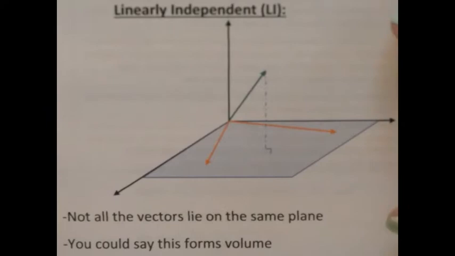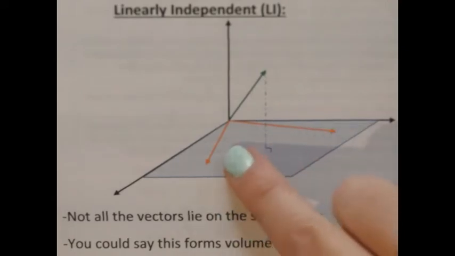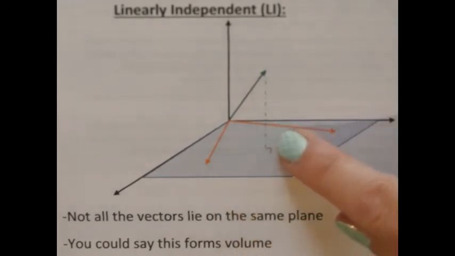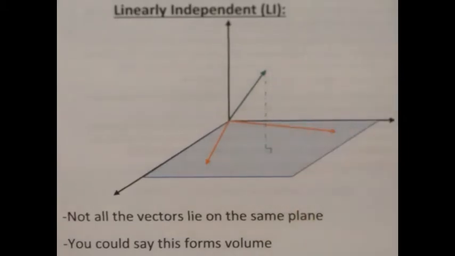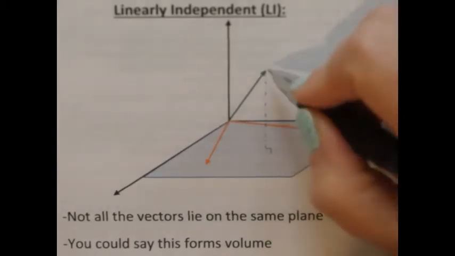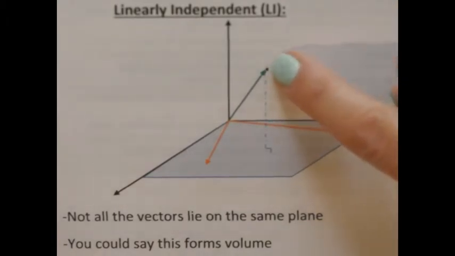Now let's look at this example, linearly independent in R3. Notice that two vectors lay on the same plane, but one is off it. Because of that, this value here, where this vector points at, let's just call this a point out somewhere in R3. This has a z value. Because this has a z value, we're now in R3.